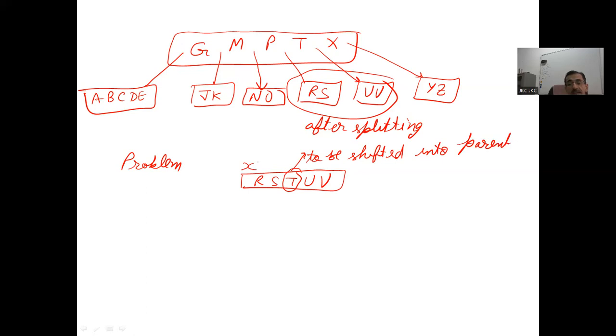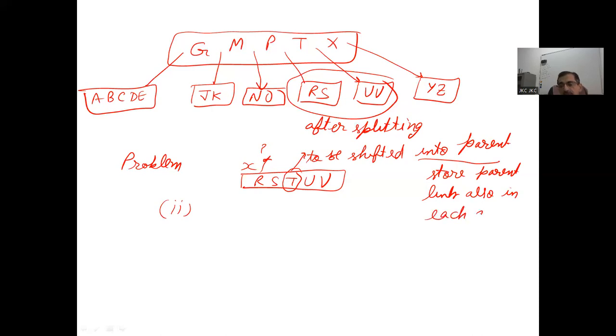I don't have a parent link available at all. So how will I go to the parent? First problem. Secondly, a bigger problem than having a parent. Maybe you can say store a parent link also in each node. So you can have a parent link in each node. Can be a solution. Yes, not a big problem.